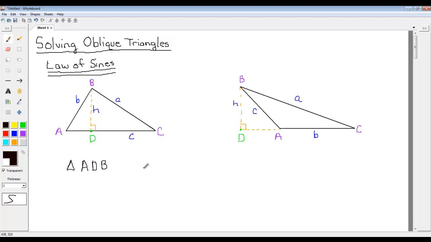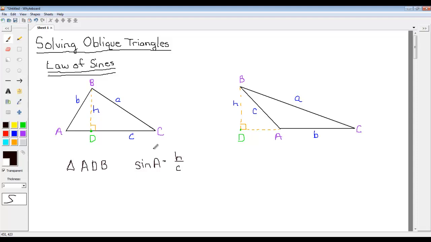And in that triangle, since it's a right triangle, we can say that the sine of angle A equals h over c. If you look at angle A right here, the sine is opposite over hypotenuse.